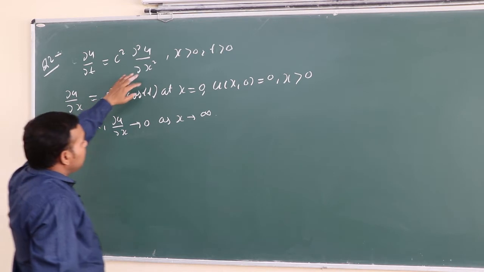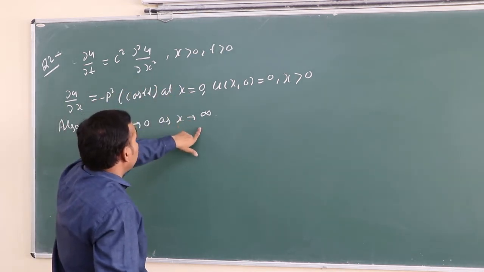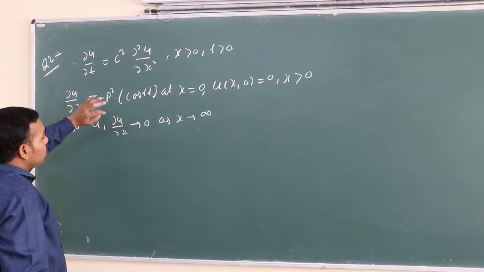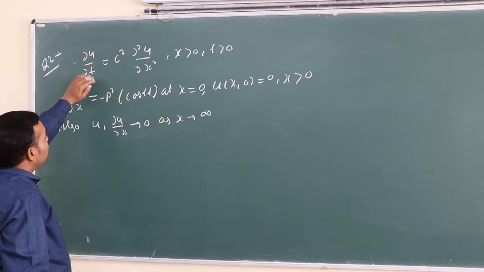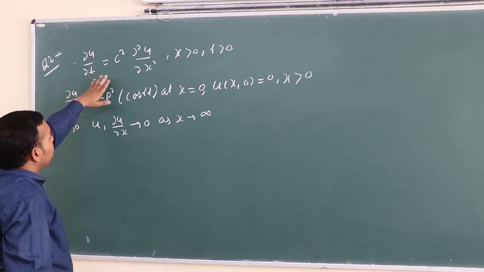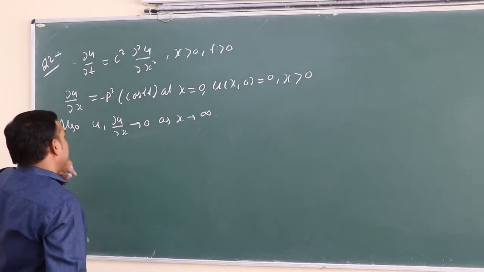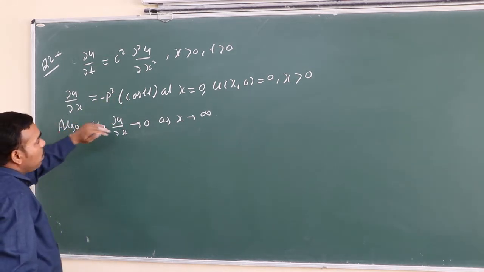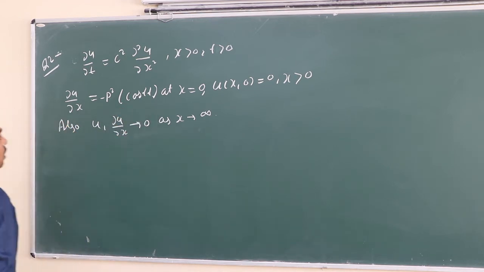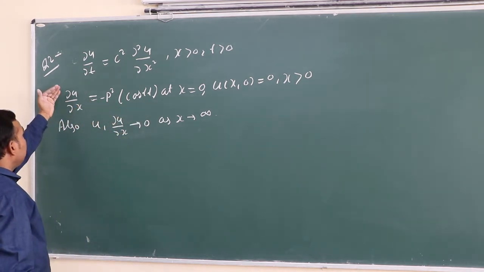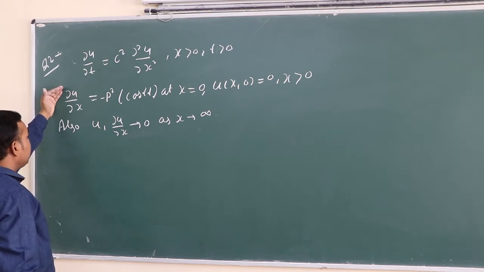Here x ranges from 0 to infinity. So we take the Fourier cosine transform with respect to x, and you see the lower limit value of the derivative with respect to x is known.